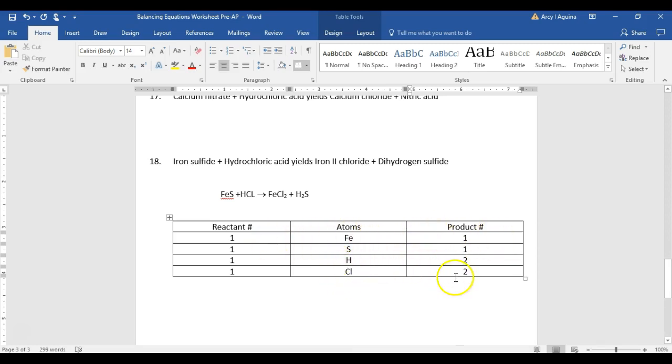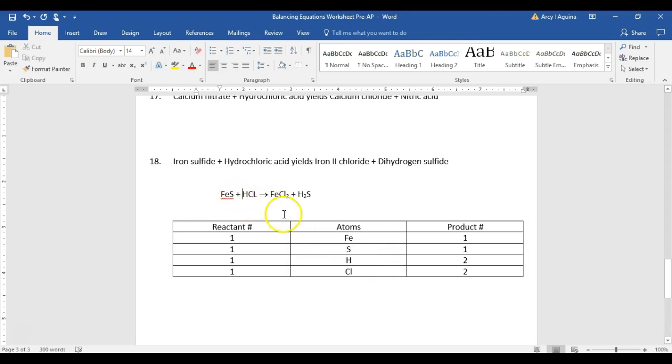The hydrogen and the chlorine are not balanced, so I need to do something to balance out that hydrogen and that chlorine. So I need to go to the reactant side and see what I can do to the hydrogen and the chlorine to balance out to 2. So we're lucky because they're both together. So all I have to do is add a 2 here. I'm going to make this a different color so that's easier to see. So if I add a coefficient 2, it's going to multiply to both the hydrogen and the chlorine.